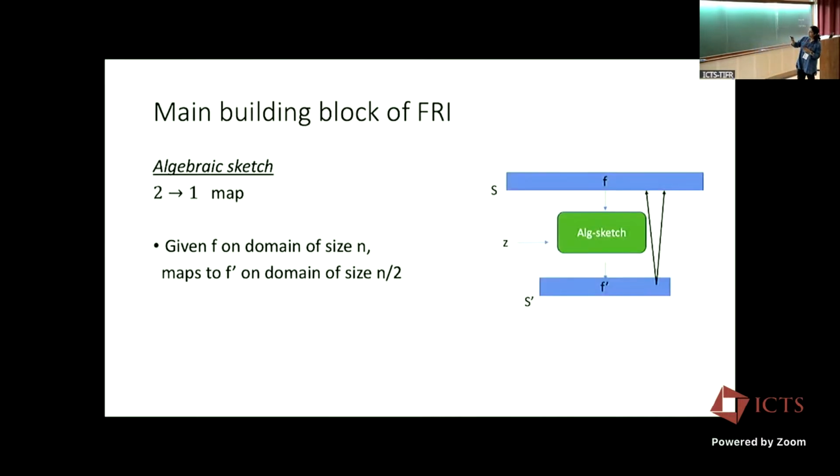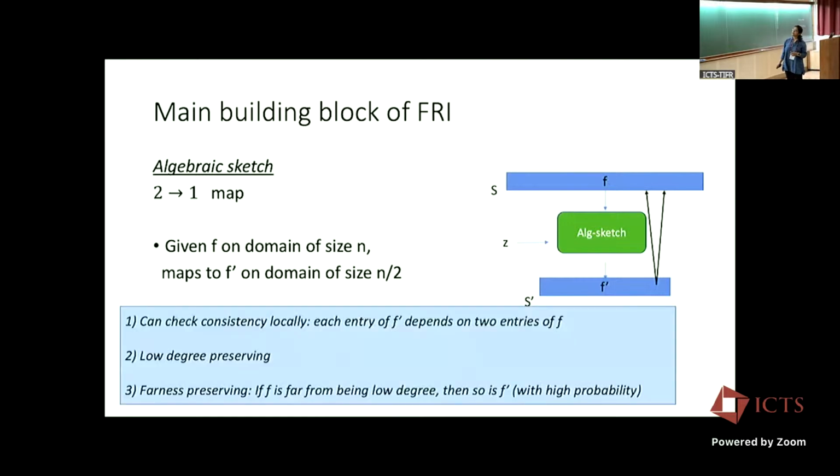So let me describe what this 2-to-1 map is, which takes a function f on S to a function f prime on S prime. The nice property of this map is that each entry of f prime just depends on 2 entries of f. So there's some locality in this construction, so you can check consistency that this hashing was done correctly. And if f is low degree, we'll see that f prime is low degree.